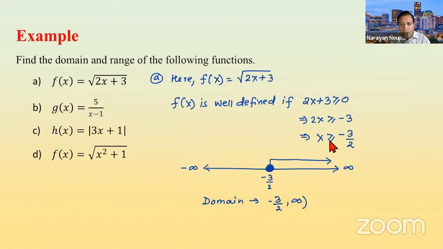You can see a dot here or an equal to sign. If that value is included, we put a bracket, like that. So that means the domain of the function is from -3/2 up to infinity. You can also draw a supporting graph for this one. Let me quickly show you the graph.